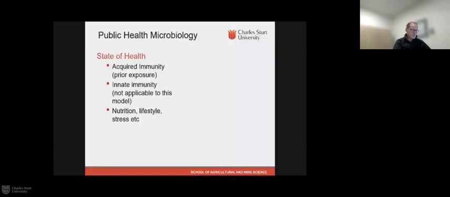If you've had measles, you're much less likely to get it again. If you've had chickenpox, you're much less likely to get it again. Innate immunity, we're not going to deal with that in this model, but that's where you cannot be infected. And then, yes, nutrition, lifestyle, stress, etc. They are all components of state of health.